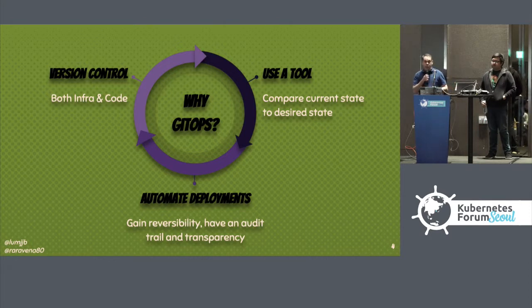Then they also want to know who changed something, what changed, and when it got changed. And for that, Git is a great tool. They also want to be able to automate their deployments to different environments and have that visibility across a team or organization and have that transparency with everything that's happening.